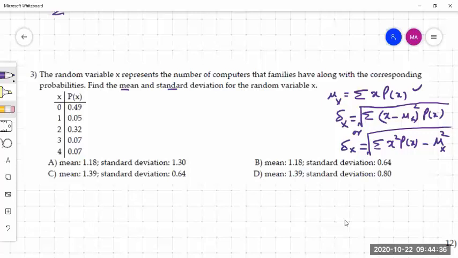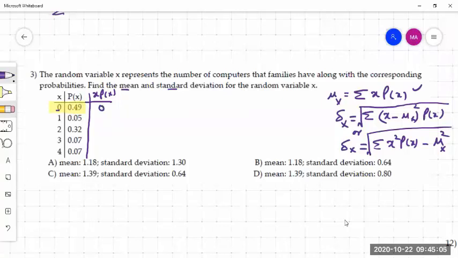So the sum of x P(x) means I have one column for x, one column for P(x), and I make one more column for x times P(x). This x value is multiplied with this P(x) value. So 0 times 0.49 is 0.